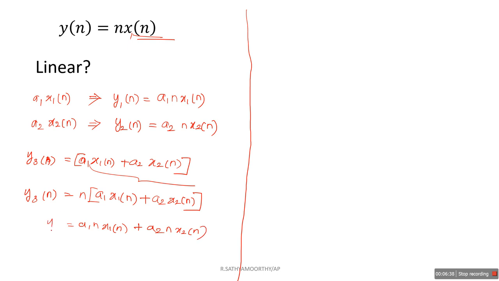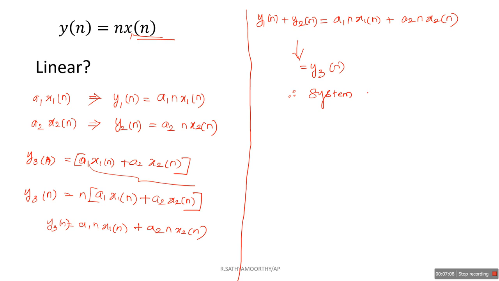This is the combined response y3 of n. The individual responses y1 of n plus y2 of n are a1 n x1 of n plus a2 n x2 of n. Now y1 of n plus y2 of n equal y3 of n. Therefore the system is linear.